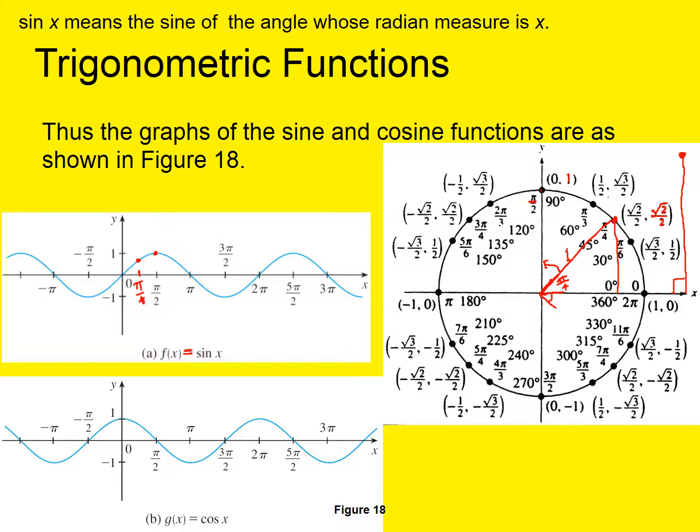And the length of a cycle, we talk about the period of a trigonometric function. You can see here we have shifted. Cos is the horizontal shift of sine.